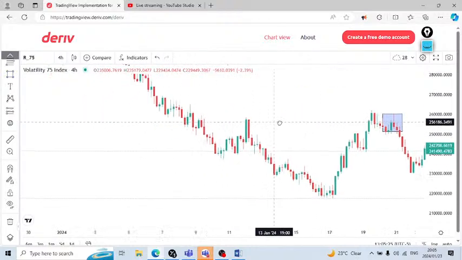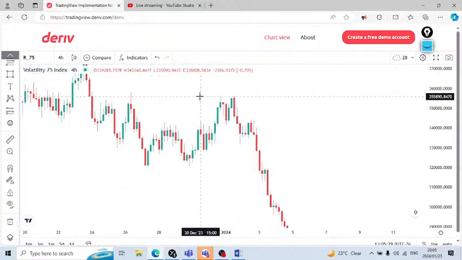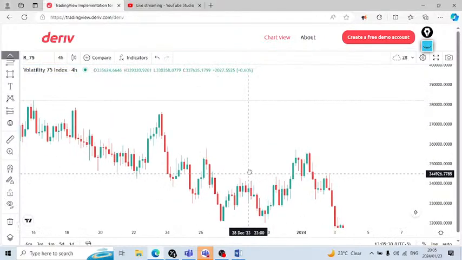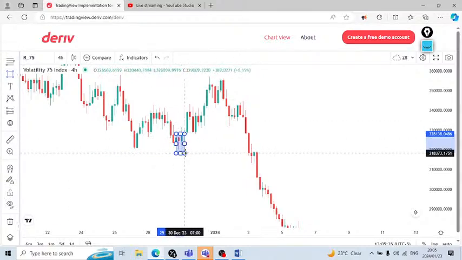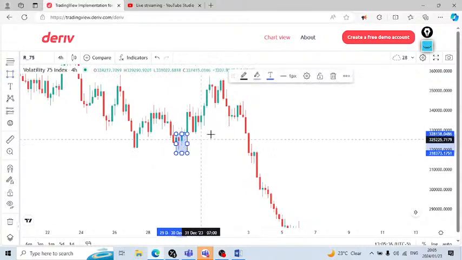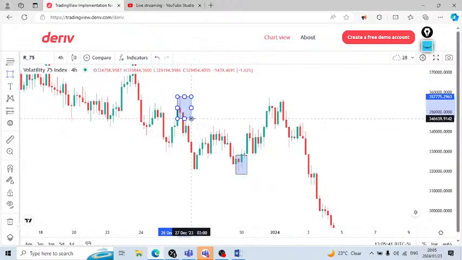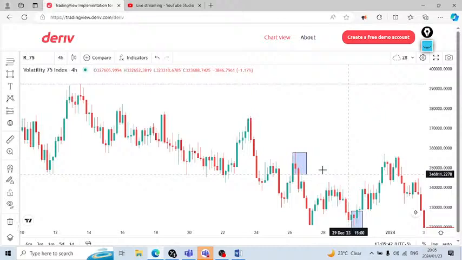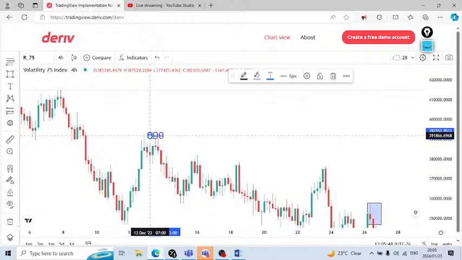In most cases, when there is an appearance of a pin bar, the market would tend to reverse. Let's try to identify more here. On major turning points, when the market is reversing, sometimes we can have the presence of pin bars. Why is it whenever we have the presence of pin bars, the market will tend to reverse?